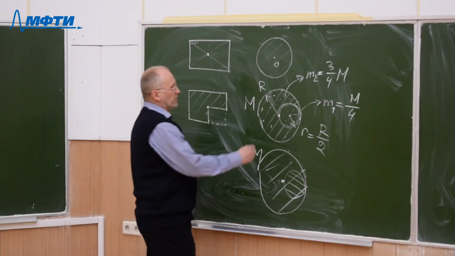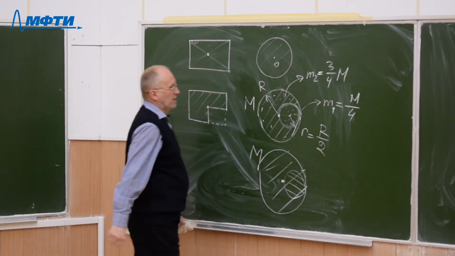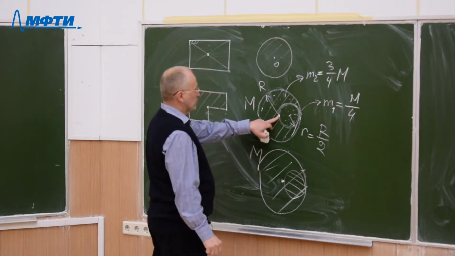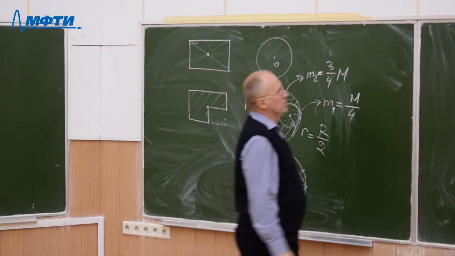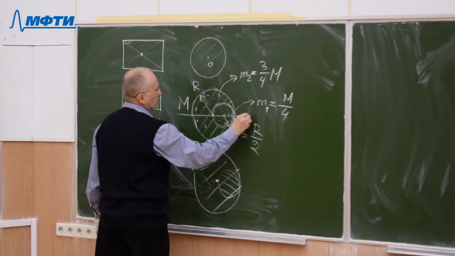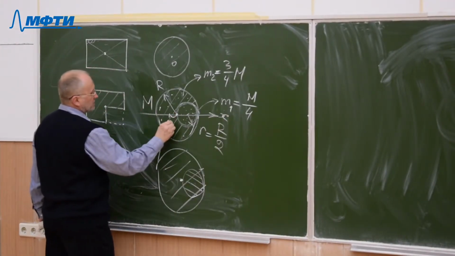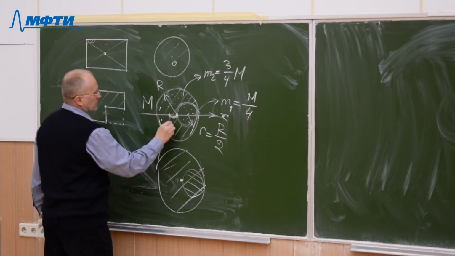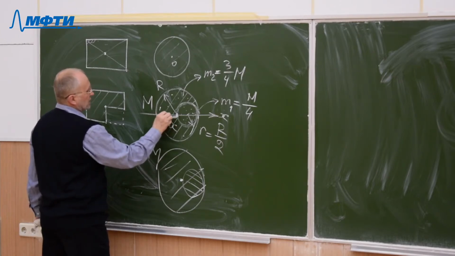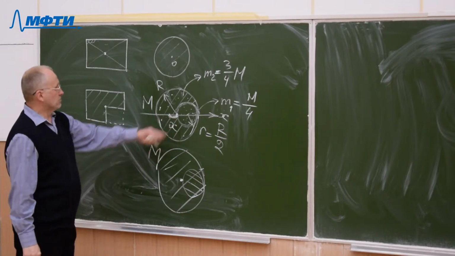So we know the mass of the original body, and we know its center of mass, which may be 0. So in order to calculate the coordinate of the center of mass of the new body, which is somewhere on the x-axis, somewhere here, in order to calculate this coordinate x, this distance of the new center of mass from the center of the circle, what do we have to do?